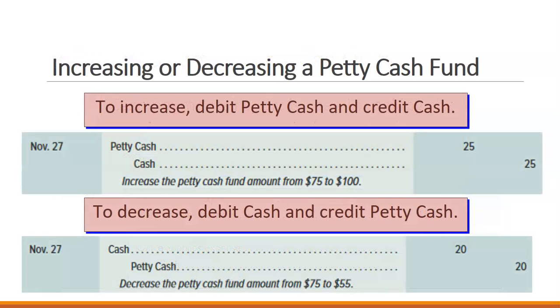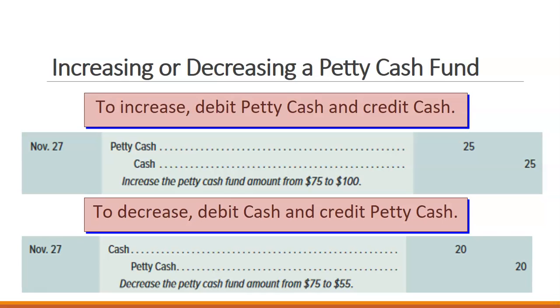If we want to increase the amount of petty cash, we're going to debit petty cash and then credit our cash account. The same thing would be if we want to reduce the amount of cash available in our petty cash fund. There's normally an established amount of petty cash that is available.